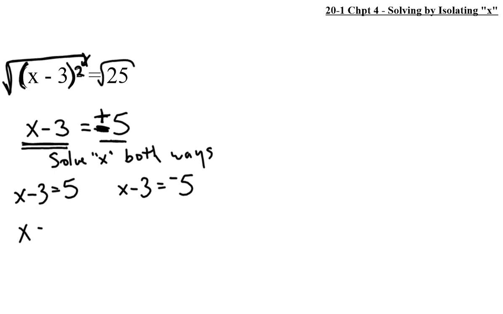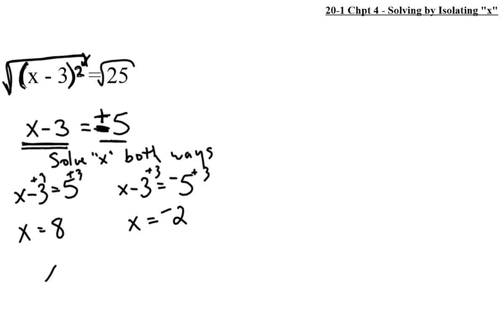In this case, add 3 to both sides, x equals 8. For the second one, we're going to add 3 to both sides, and x will equal negative 2.